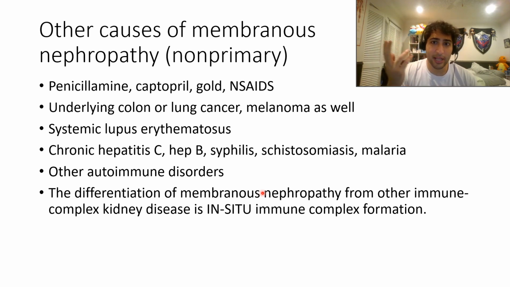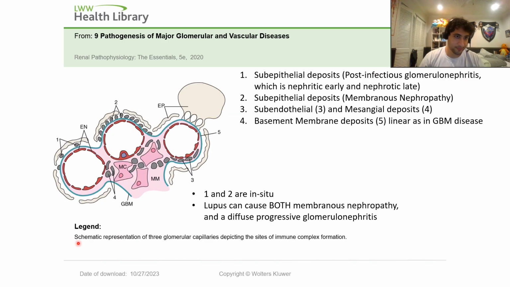And the higher your HIV load and the more advanced your disease, so as your CD4 count drops and your HIV load goes up, you're more likely to develop focal and segmental glomerulosclerosis. Not membranous nephropathy, but focal and segmental glomerulosclerosis. I just wanted to throw that out there before I forget. So HIV directly injures podocytes and causes a focal and segmental glomerulosclerosis picture.